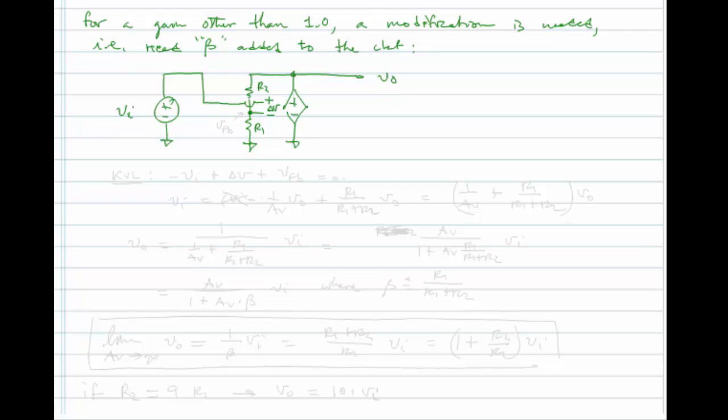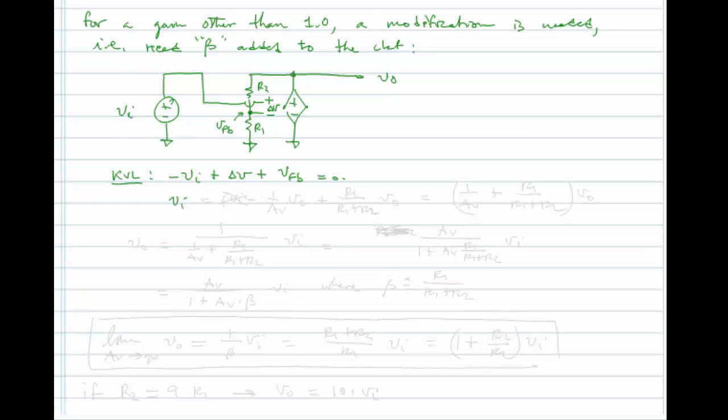So again, if we go around, if we do KVL around the loop, we have minus VI plus delta V plus whatever the voltage is here. I'll call this V feedback, okay, plus V feedback is equal to 0.